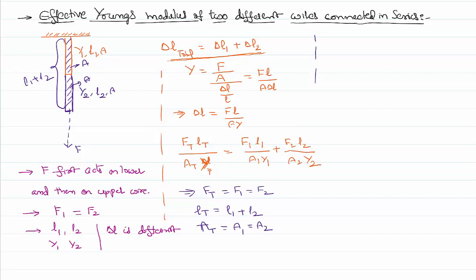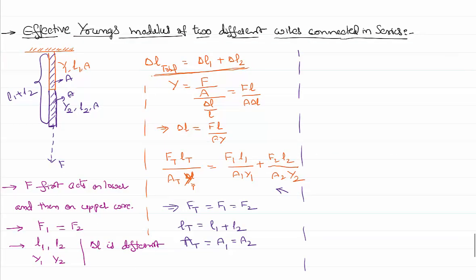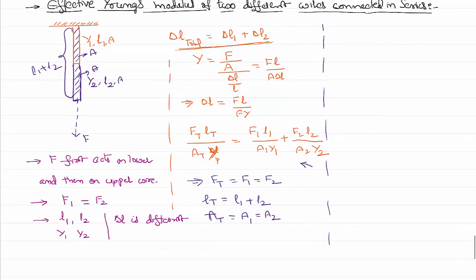So putting this data in this equation, we get F total as F itself, L total as L1 plus L2, A total as A, and Y total, let me call it Y series. Now on the other side, F1 is F, L1 is L1, area is A, Y1, and again F, L2, area, and Y2.